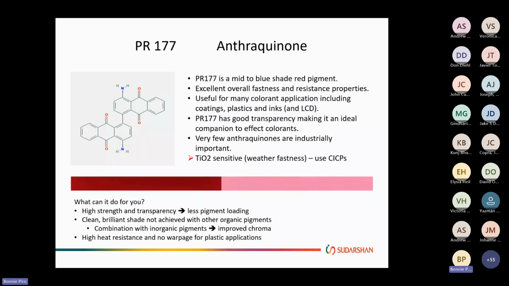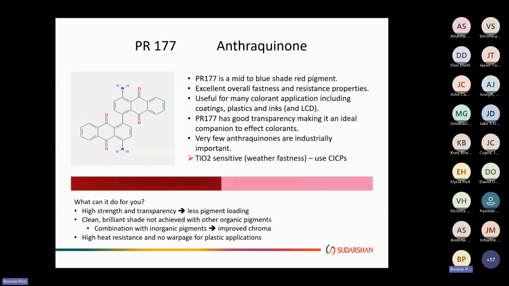Moving along in the class of polycyclics is the anthraquinone, Pigment Red 177. This is more of a blue shade red pigment. I'm not going to go over the same high performance properties here, and will just point out some of the uniqueness of each one.